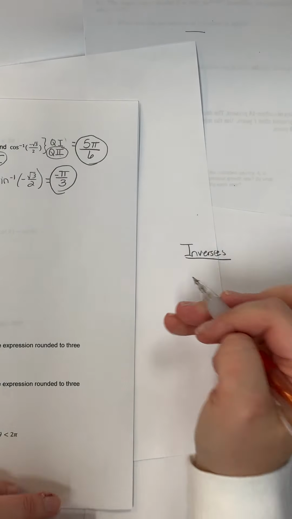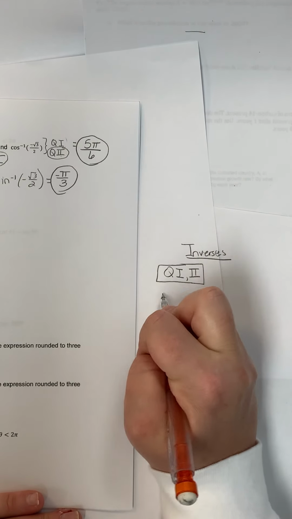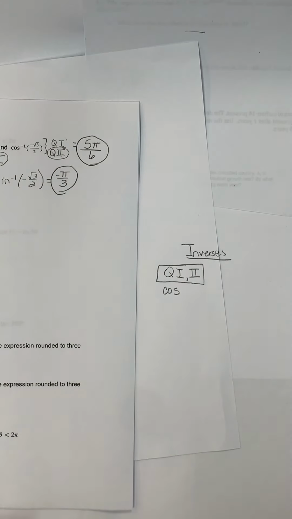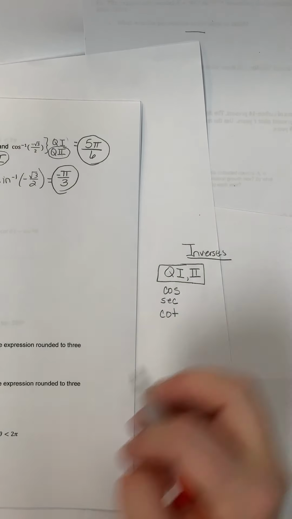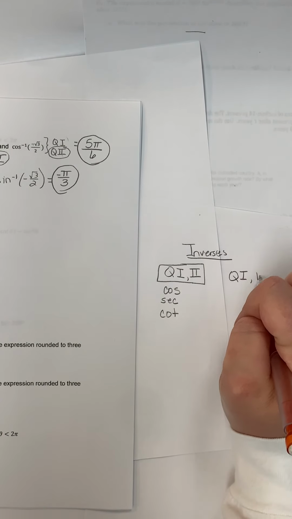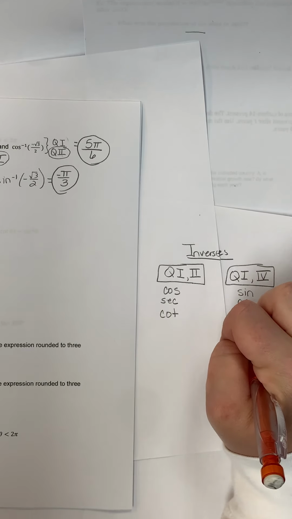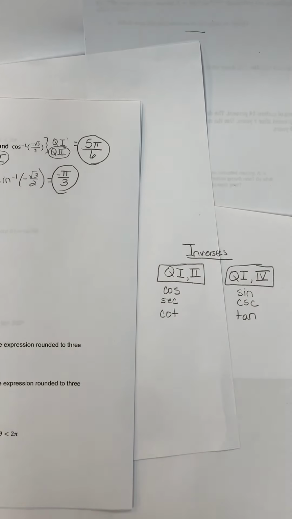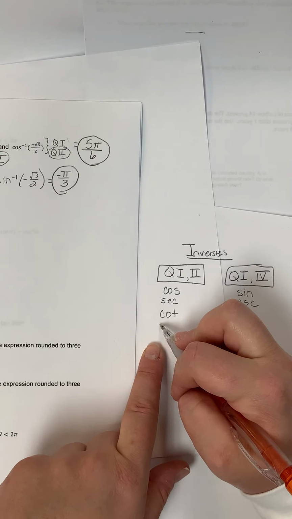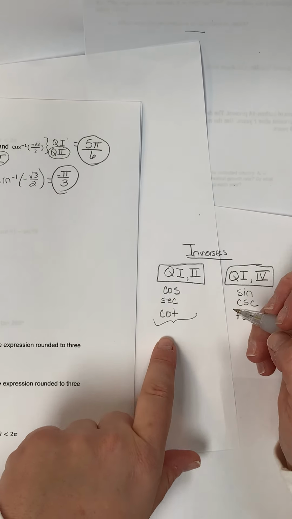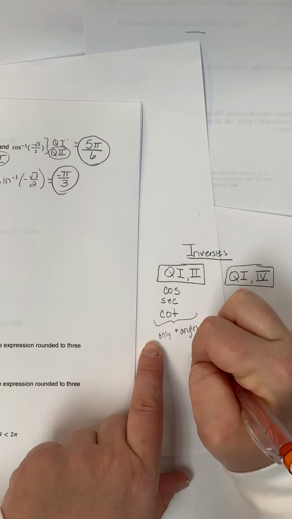So quadrants 1 and 2 are going to contain cosine, its reciprocal, and cotangent. Quadrants 1 and 4 are going to contain sine, its reciprocal, and tangent. Okay, so this is how it breaks down. For these, you will only have positive angles.